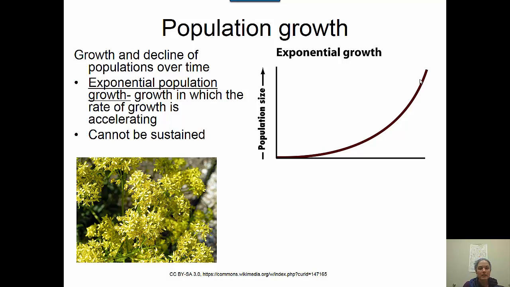For example, we see this in some invasive species, like the one that's pictured here. This is common in Siskiyou County. It's called Marlham mustard or Dyer's woad. It was brought over to California. At one point, it wasn't here at all, and now we see certain areas like out in the Scott Valley where there are huge populations.